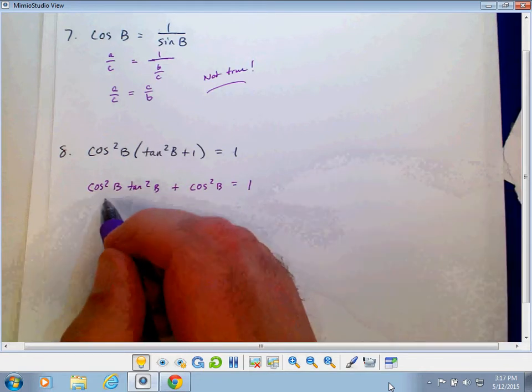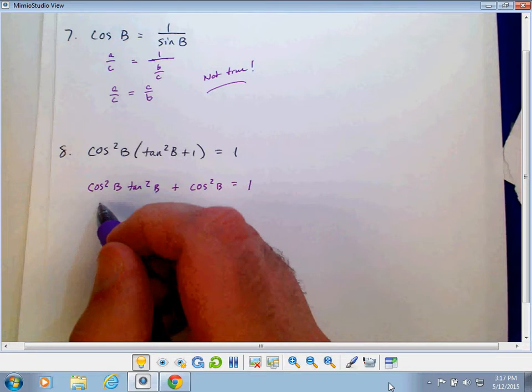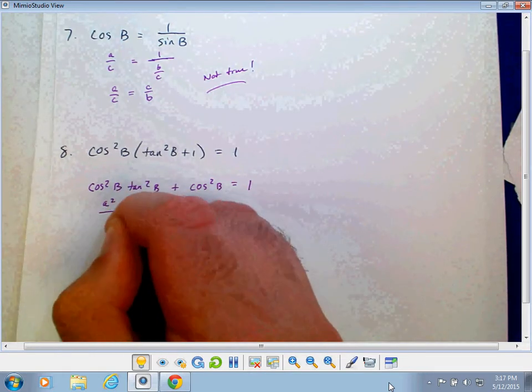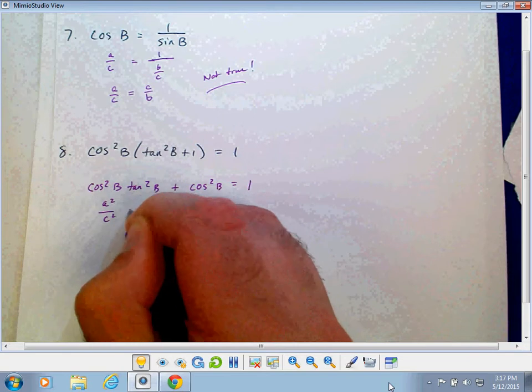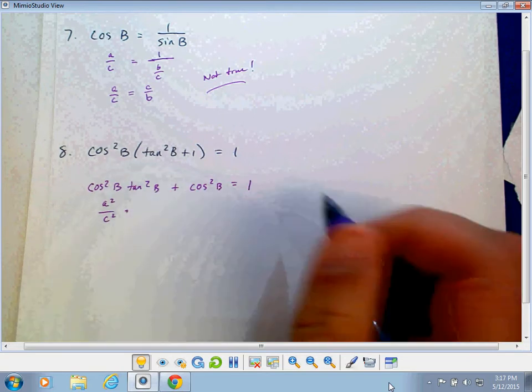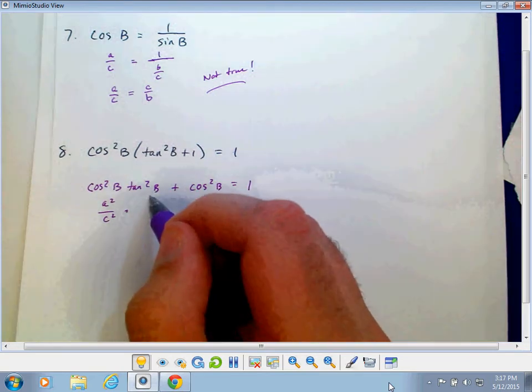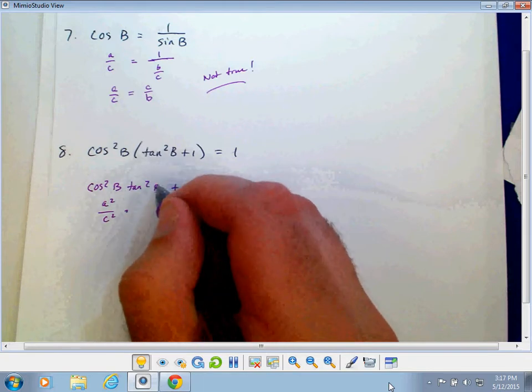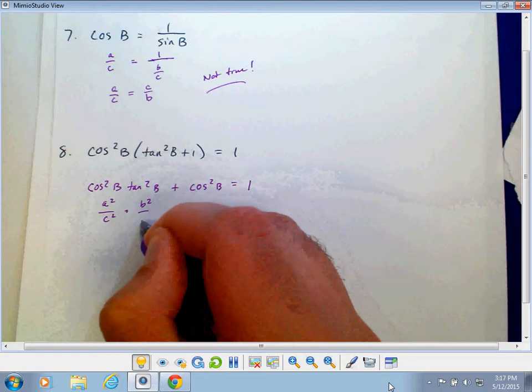But okay, cosine of B is a over c, but we know that's really a squared over c squared, times tangent squared of B, which is b over a, but it's b squared over a squared. And those are multiplied together.